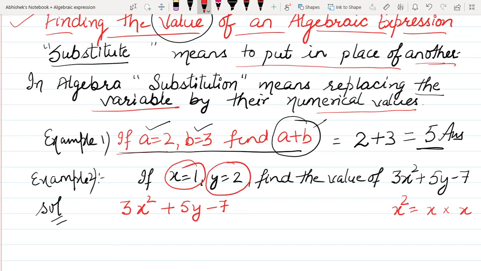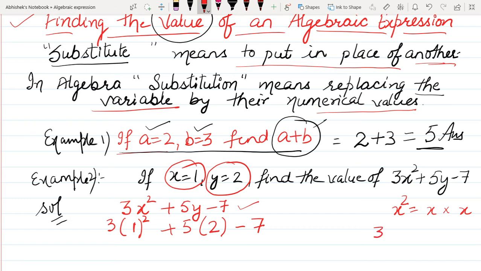Wherever we have x in the algebraic expression, we will put 1 in its place, and in place of y we will put 2. So 3 times 1 raised to power 2, then 5 times 2, and minus 7 remains as it is because this is a constant.